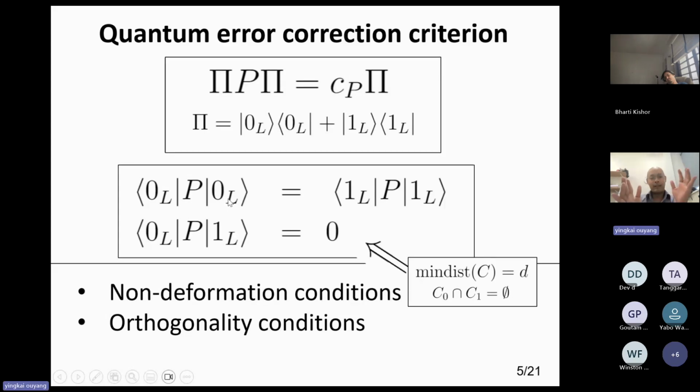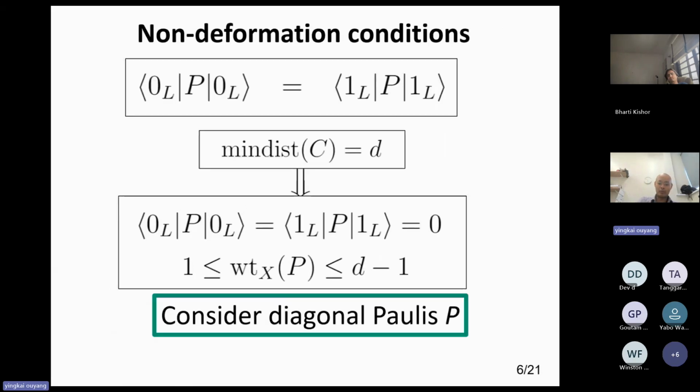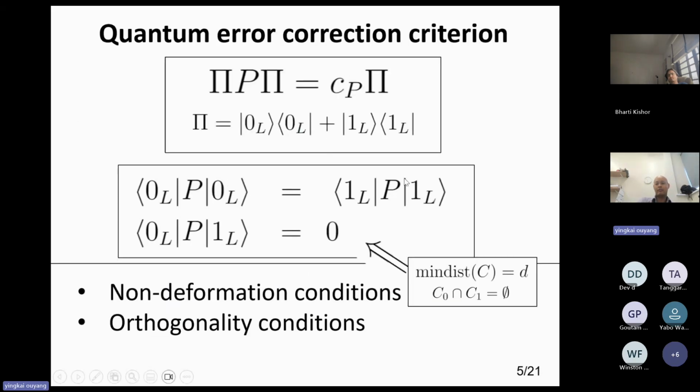So bread with patty is sandwich. You want the 0 sandwich to be equal to the 1 sandwich. That's the non-deformation condition. So in a nutshell, the quantum error correction criterion comprises non-deformation conditions and orthogonality conditions.